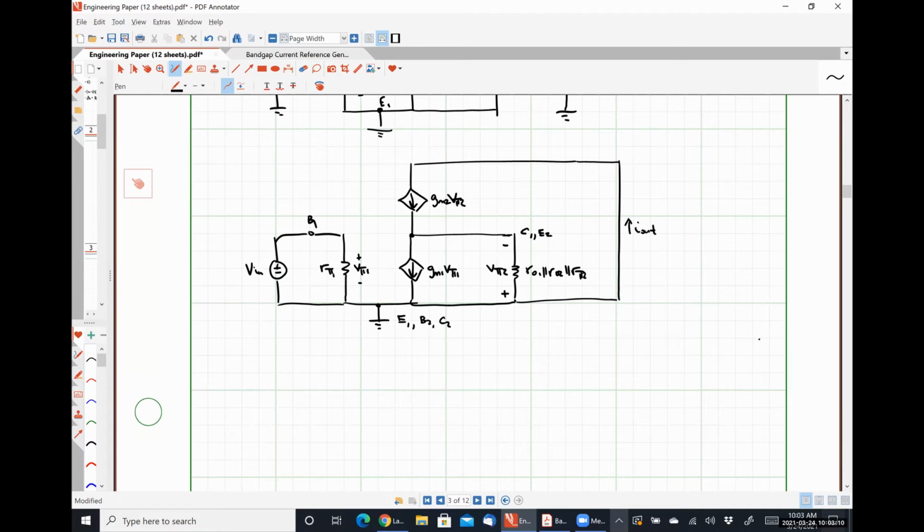The first thing I can see is that I out is exactly equal to gm2 times v pi 2.